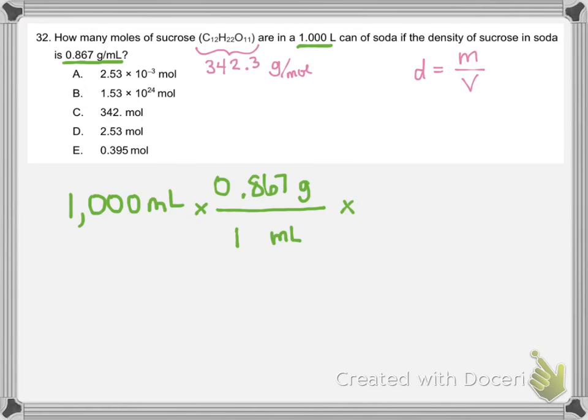And then I can use my molecular weight as a conversion factor. I can put grams on bottom, moles on top, and say that for every 1 mole of sucrose, it weighs 342.3 grams. So then at this point my milliliters cancel, my grams cancel, and I'm left with moles.